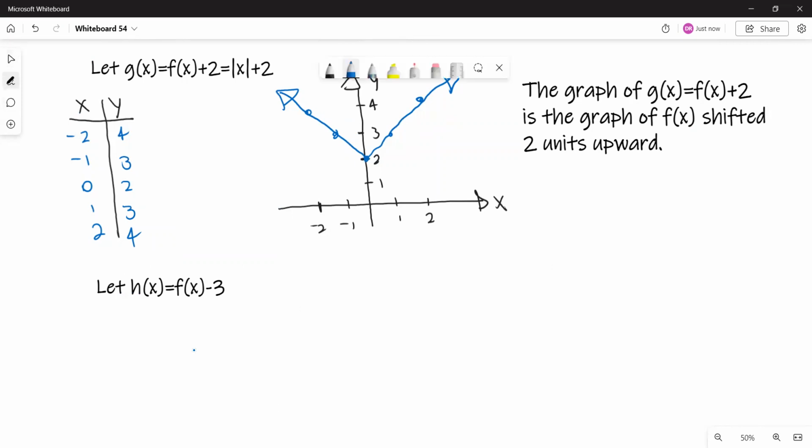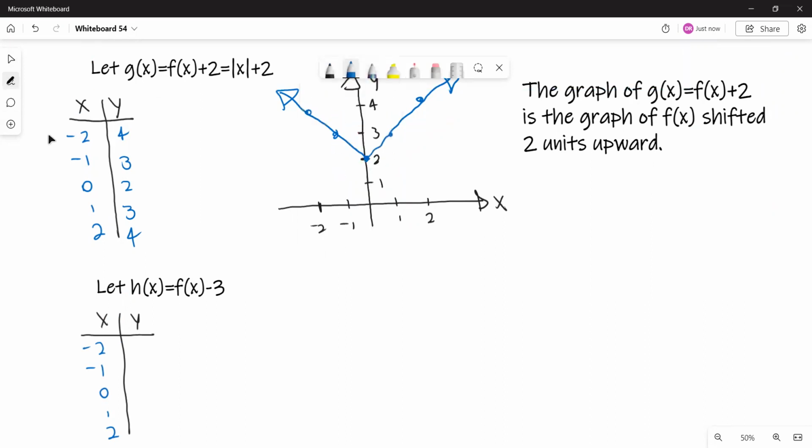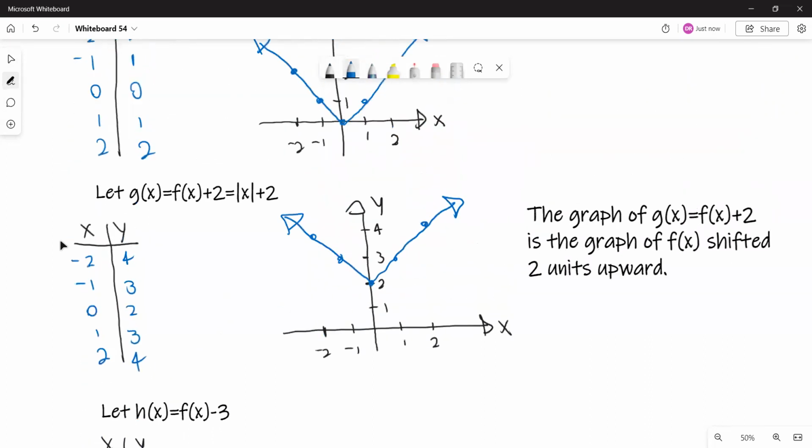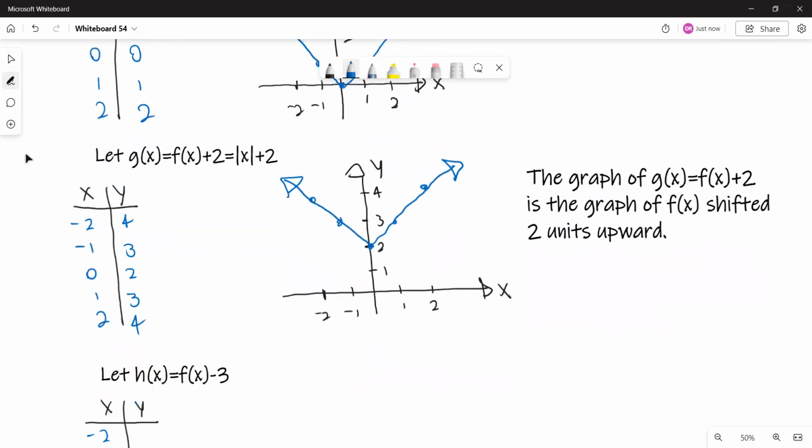So let's do that. The x values are not changing, the x values are the same. And we're subtracting 3 from each y value in the original function. So the y values of the absolute value function are 0, 1, and 2.